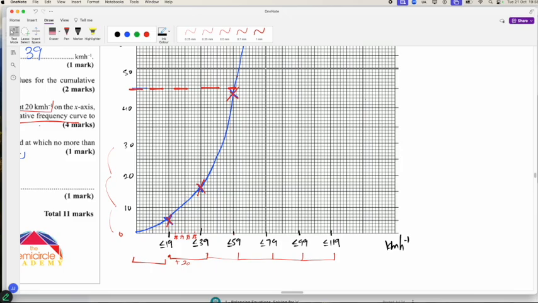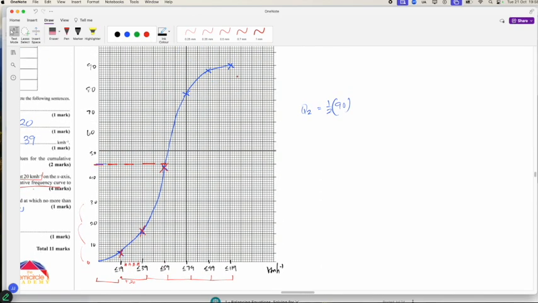Remember, when you draw your curve, you're going to draw your curve slightly more bent than somebody else, and somebody else is going to draw their curve slightly straighter than you. And so you will have a little bit of leeway. If you get 61, 62, and I get 59, that is okay.